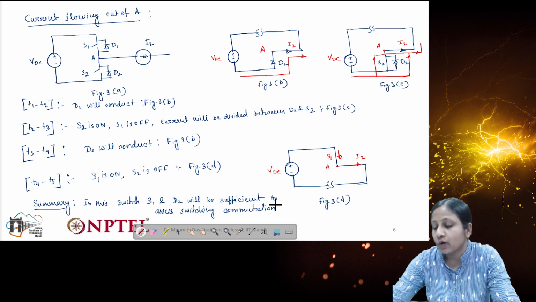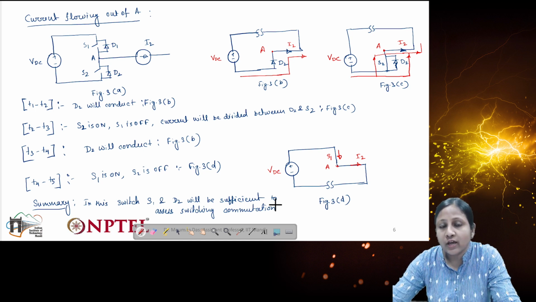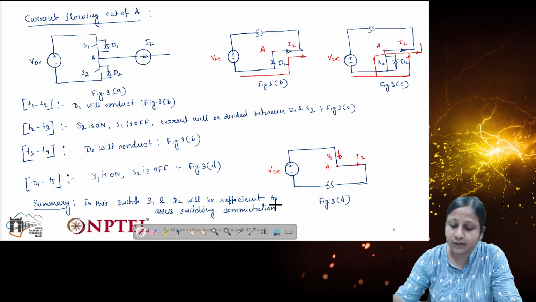So that is why this is very important to design any power converter, and also to optimize it. This dead time, whatever I have shown here, how much it should be, how much we need to optimize for a particular operation, or whether we can avoid this dead time, all this information will come from the switching commutation behavior, and we need this information before actually designing any converter.